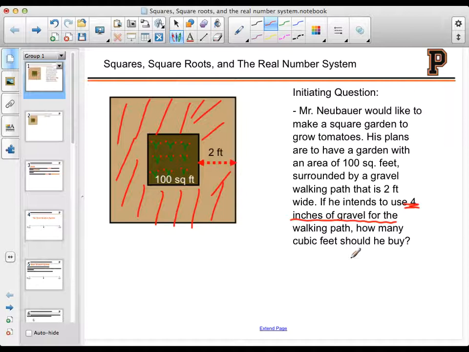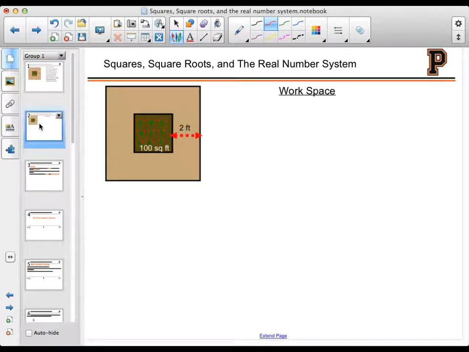And this is actually going to play into the concept of squares and square roots pretty nicely. So pause, think about it if you need to, but I'm going to jump into the solution to this right now. Now, this is our picture, okay? If the area here is 100 square feet, we need to come up with how wide our garden is going to be.